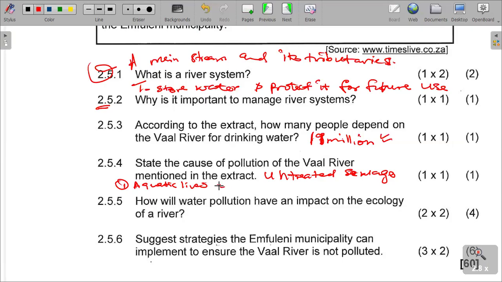Aquatic lives are threatened. Organisms that live in water, they can die. We can have also imbalance of the ecosystem.